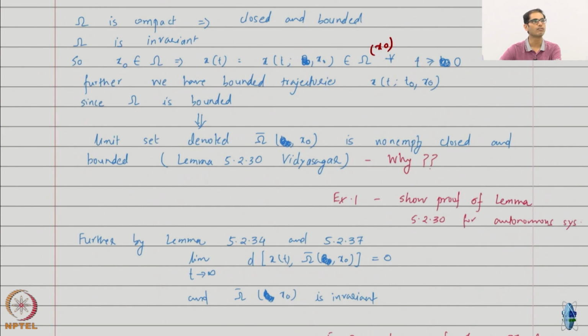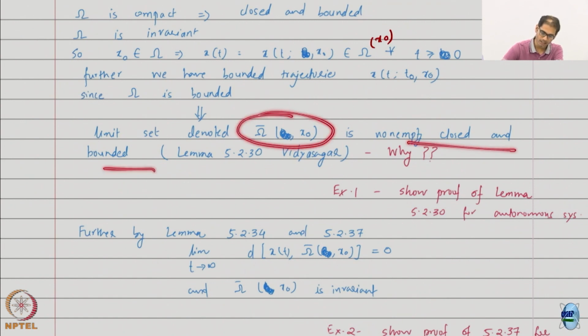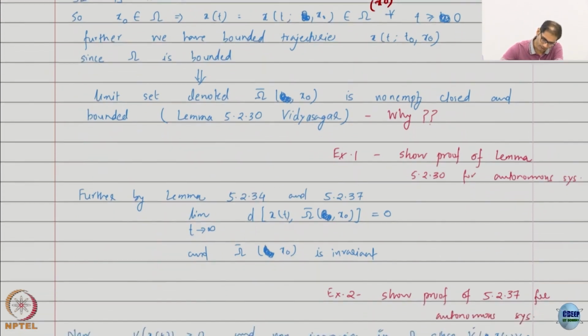Vidyasagar's proofs are all for periodic systems, so you have to convert it to an autonomous, time invariant system, which should be very easy, you just have to remove the time dependence. Vidyasagar's theorem says that the limit set is non-empty, closed and bounded if the trajectories that you started with were bounded. If the system has bounded trajectories, then the limit set is also non-empty, closed and bounded. Great.